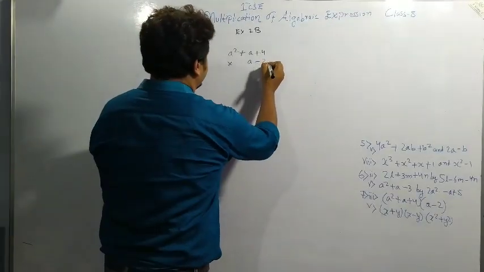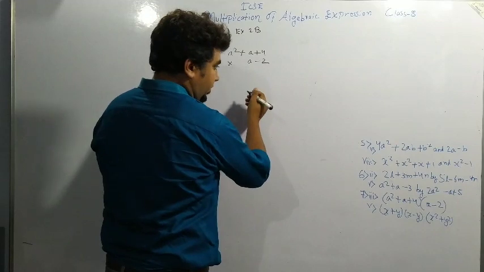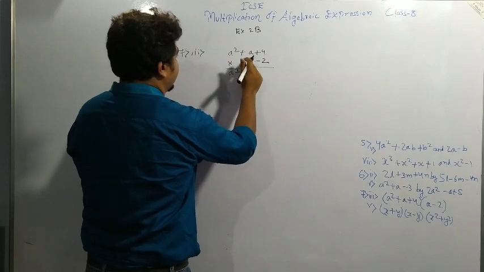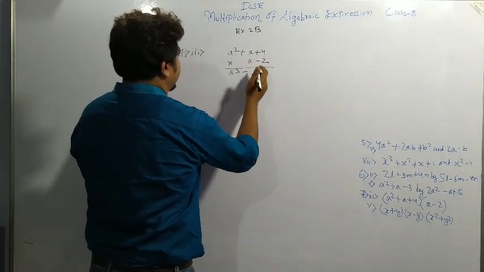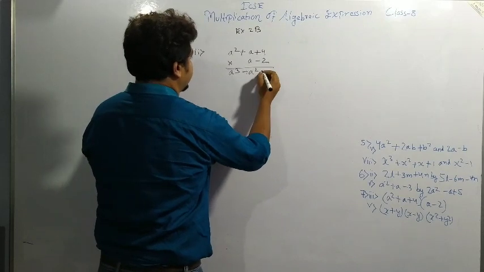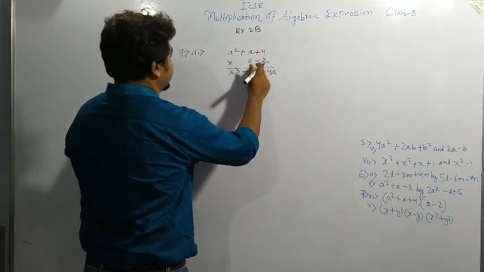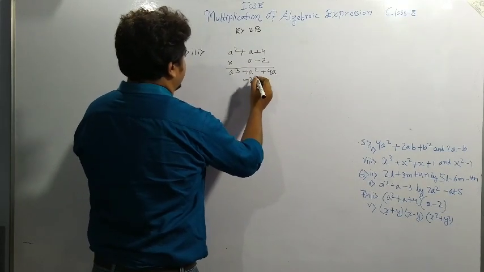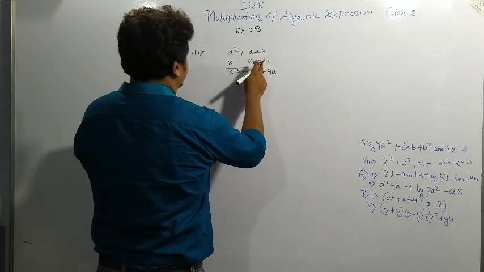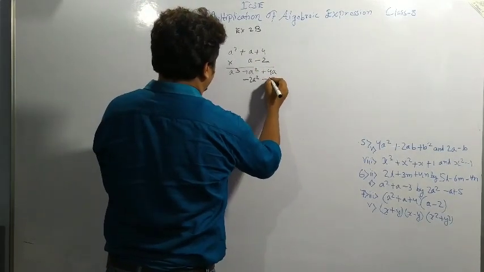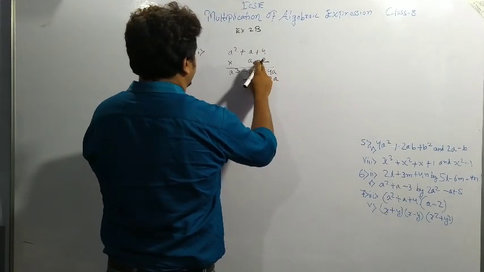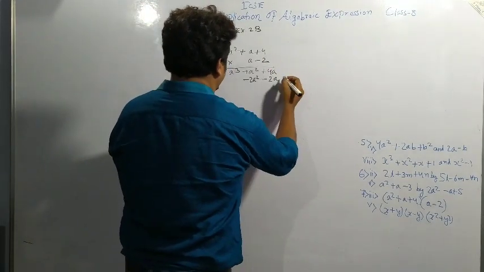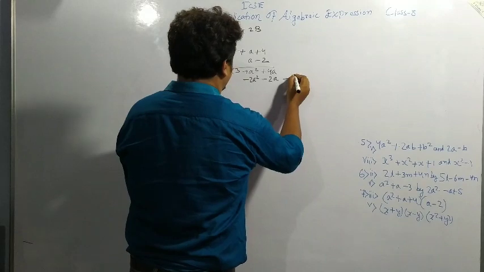So here it is a minus 2. So a minus 2 we have to multiply. So what will we be getting? a into a is a cube. a into a is a square, and a into 4 is 4a, and then minus 2 into a is minus 2a square, and then minus 2 into a is minus 2a, and then minus 2 into 4 is minus 8.